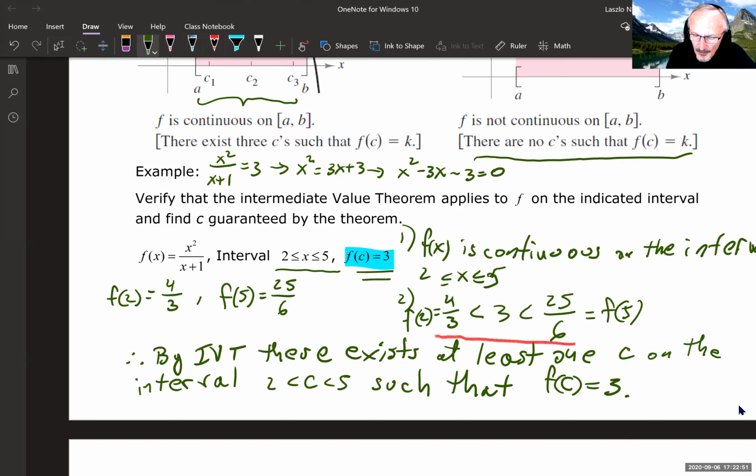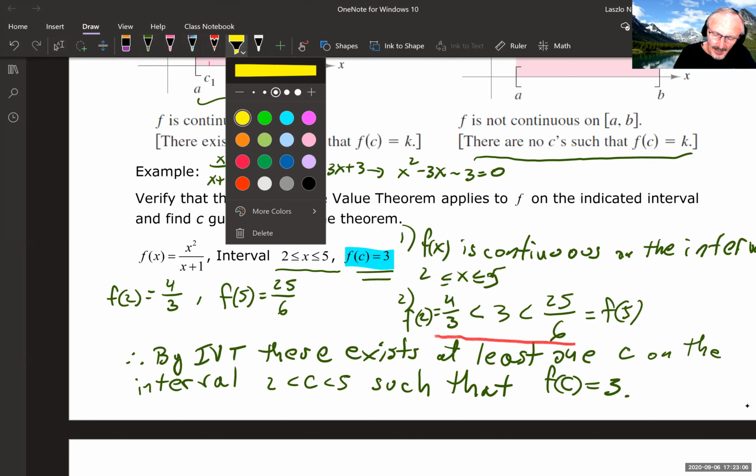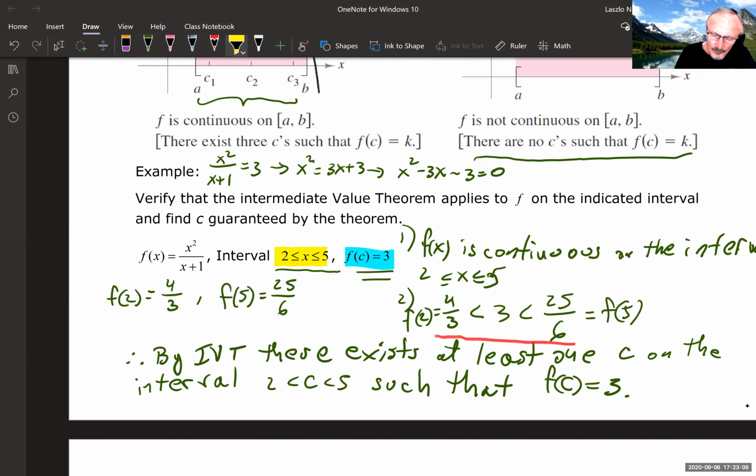Because unfortunately, we make mistakes. For example, with the quadratic formula, you would end up getting 2 answers. And if you submit an answer as a potential value of c, but it does not reside inside the interval that you are looking at, and in this case you're looking at the interval 2 to 5, you're going to lose points.